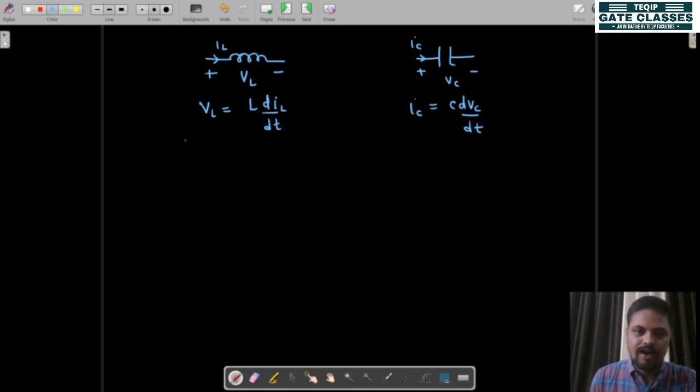Right. So the inductor is saying, until the current through me is changing, it is constant. Until the current passing through the inductor is constant, this VL is going to be 0.